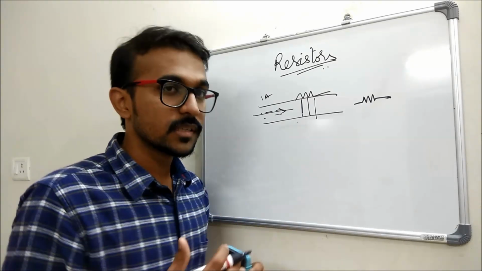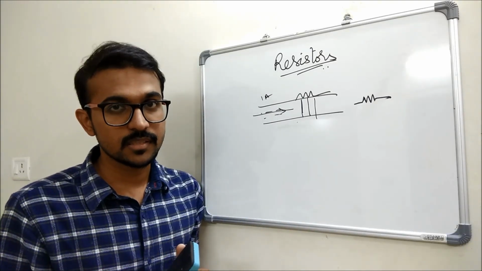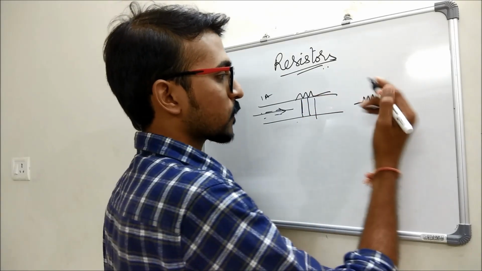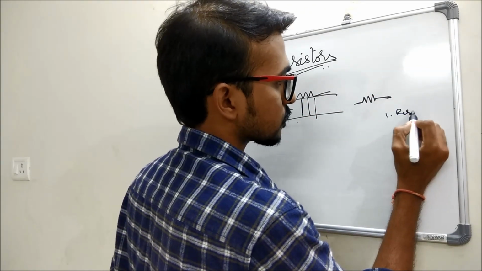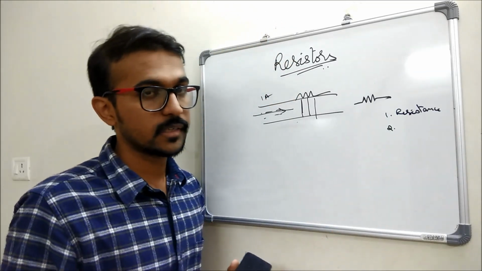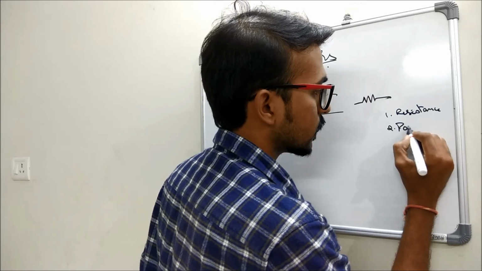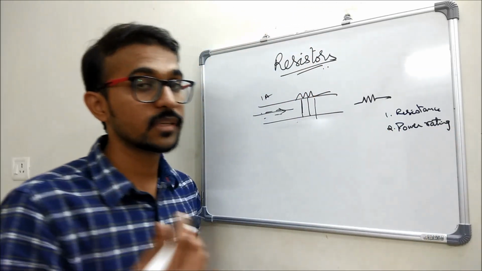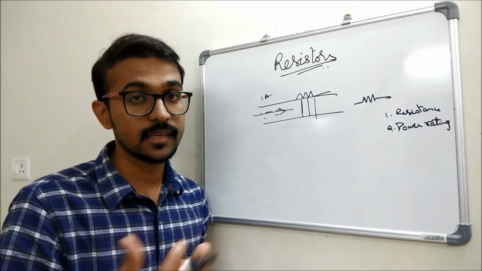One of the important things we should take care of with a resistor is the resistance value and the power rating. The power rating of a resistor will vary based on our need and our circuit.